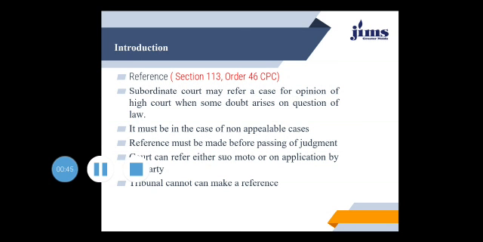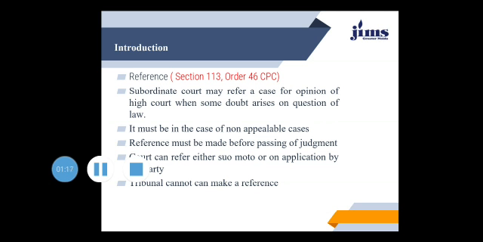Part 8 of the Code of Civil Procedure deals with the provisions related to reference and revision. Section 113 and Order 46 of the Code of Civil Procedure deal with the concept of reference. A court subordinate to the High Court is empowered to refer the case under Section 113.